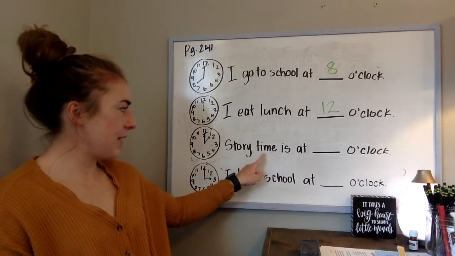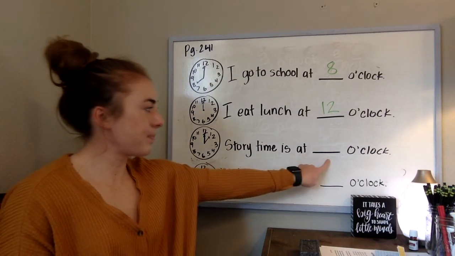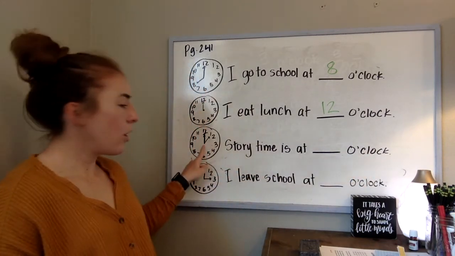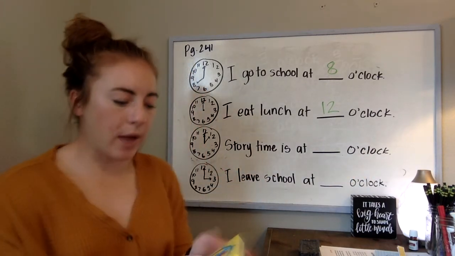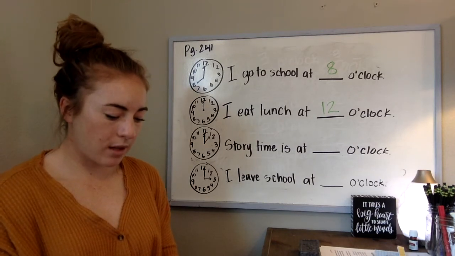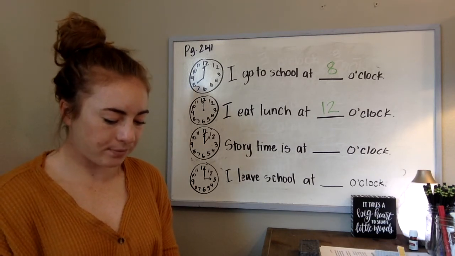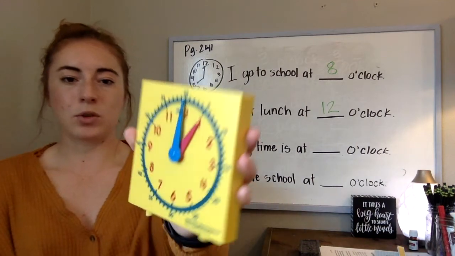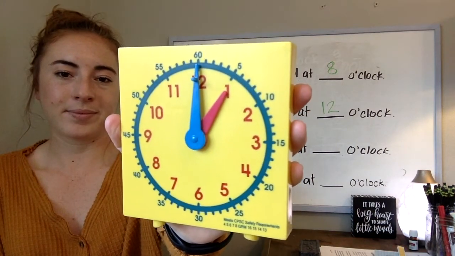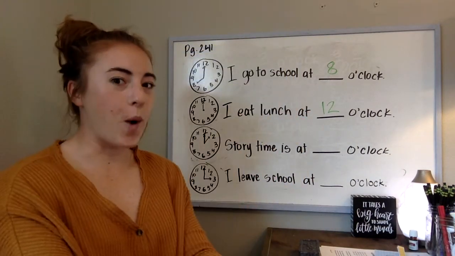Story time is at ___ o'clock. What time is story time at? Go ahead and look at that clock. And I'll show you on my clock too. What time is story time at? You're right, 1 o'clock.